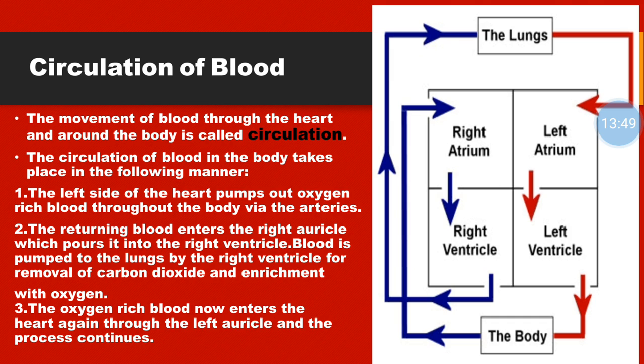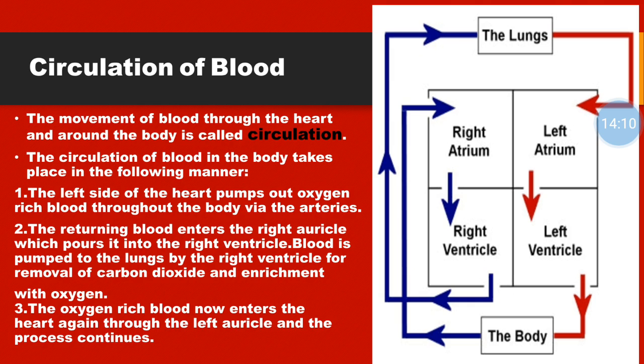Now we shall see how the circulation of the blood in the body takes place. It takes place in the following manner. So please follow this picture, children. As I told you, the left side of the heart pumps out oxygen rich blood throughout the body via the arteries, isn't it?